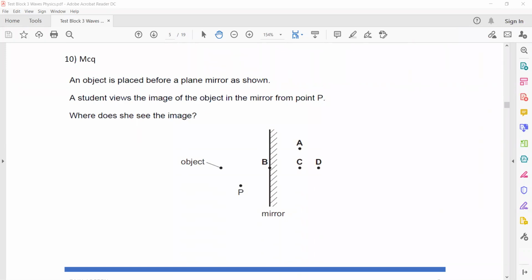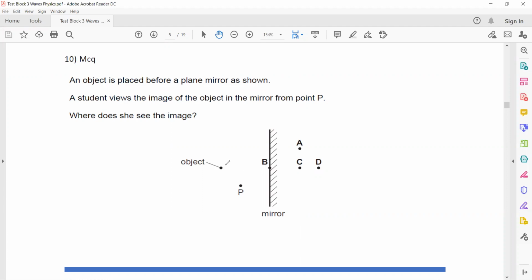In question 10, an object is placed before a plane mirror as shown. A student views the image of the object in the mirror from point P. Where does he see the image? So the object distance and image distance are always the same.